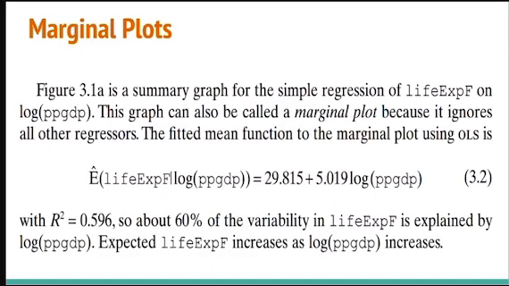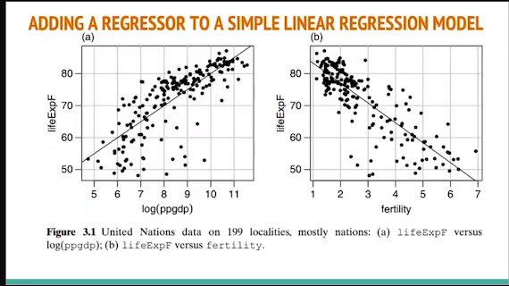Even though I know there are two variables that have a relationship with the response variable, based on the scatter plots I generated, they show a linear relationship between life expectancy and the log of per capita GDP, and also a linear relationship between life expectancy and fertility.